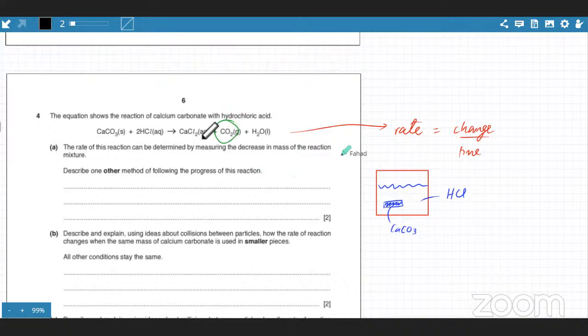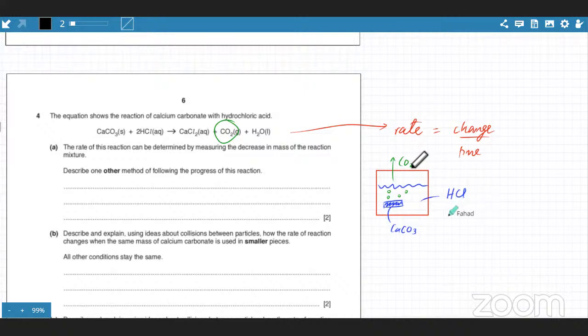If CO2 gas is produced, you're going to immediately see bubbles forming. And where would the CO2 gas go? It would just simply go into the air, into the atmosphere. And if CO2 is lost, mass decreases.